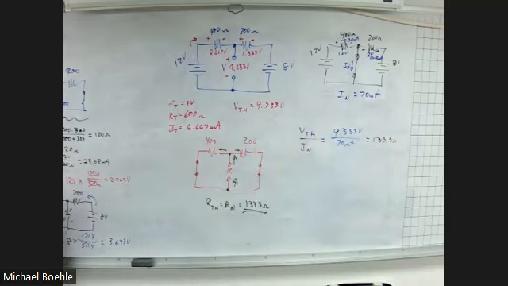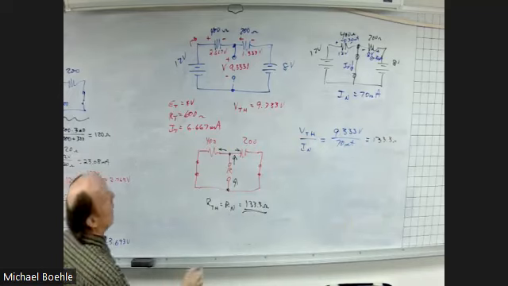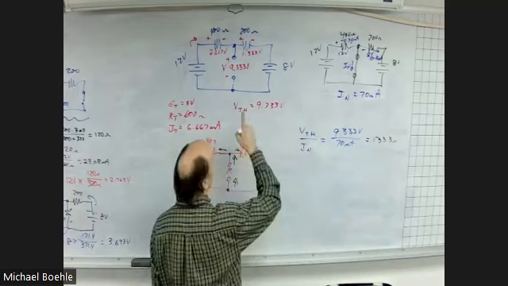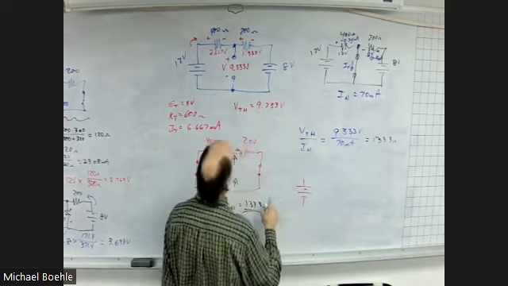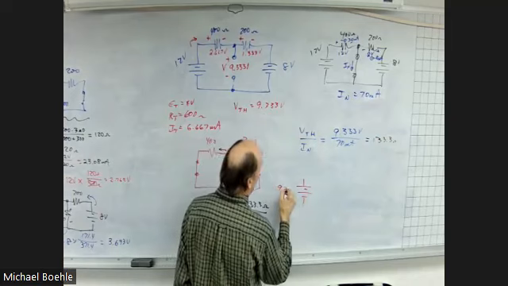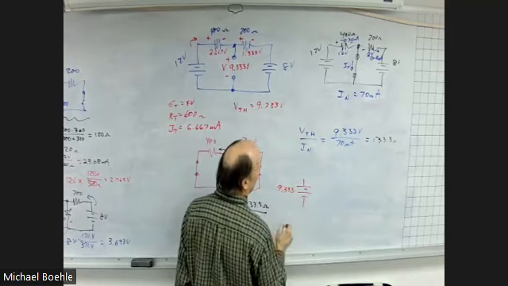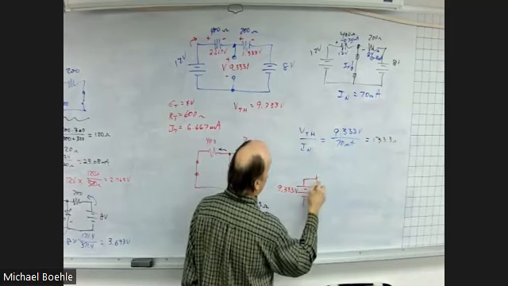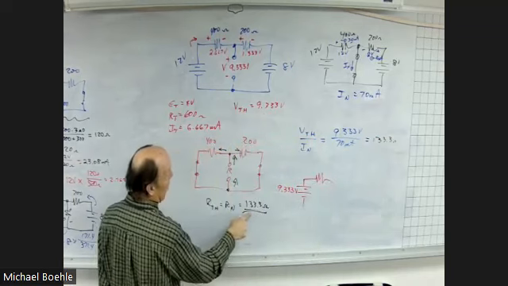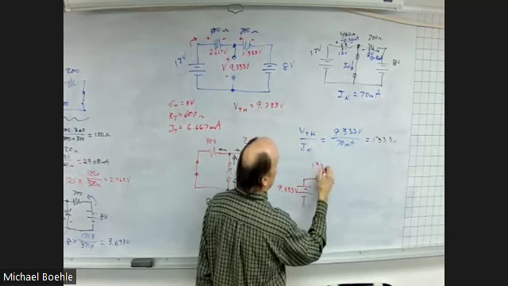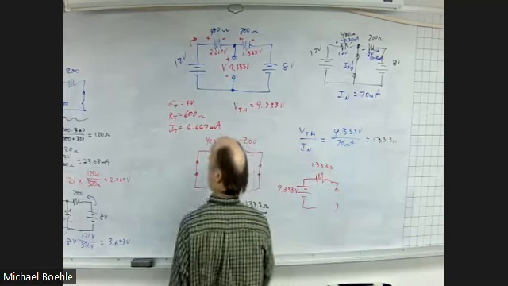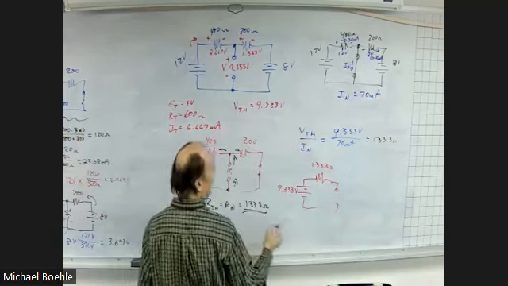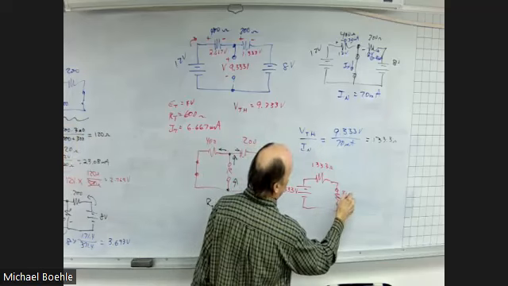Now, that's the Thevenizing, that's Nortonizing. What do you do with it? Well, since we're looking for voltage, I'm going to use the Thevenin equivalent circuit, which is 9.333 volts in series with 133.3 ohms. And then that component we took out, that 300 ohm resistor, put it back in.